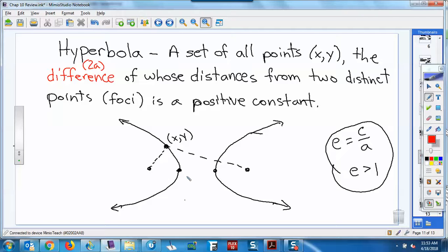So C is 4, so that'd be 16. And then B is 3. So I think you maybe just stuck them in. Because now it would be A squared equals 7. So that should be a 7. Okay, makes sense? And then that's a circle, since those two have the same coefficients.